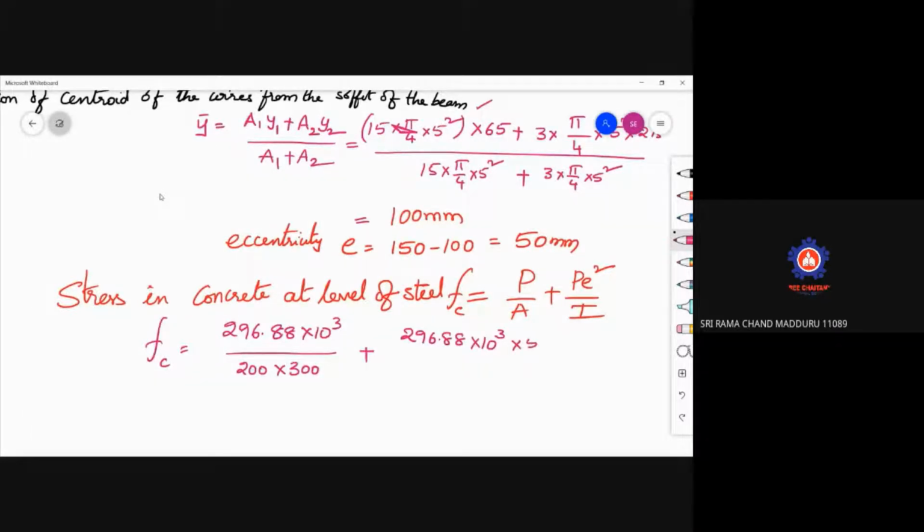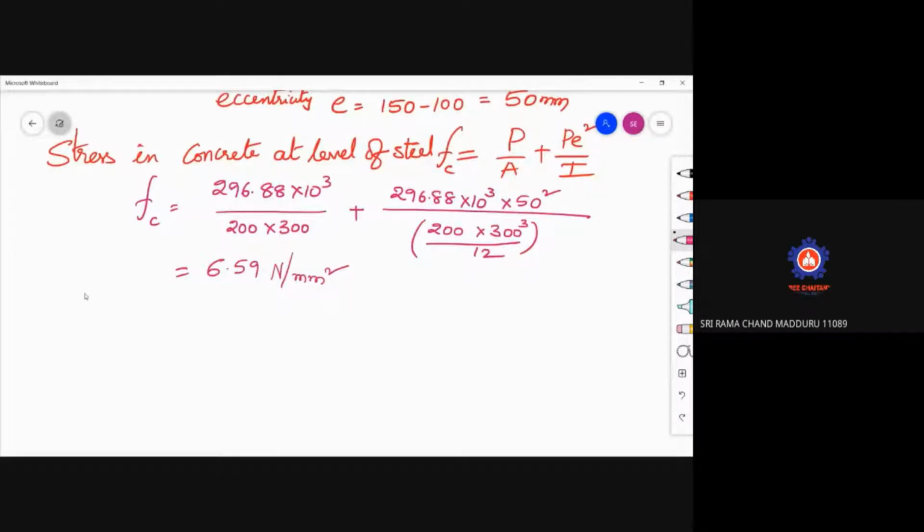What is the eccentricity? 50 square by the moment of inertia, 200 into 300 cube by 12. Substitute here and tell me what is the stress in concrete at level of steel. So 6.59 Newton per mm square is obtained.